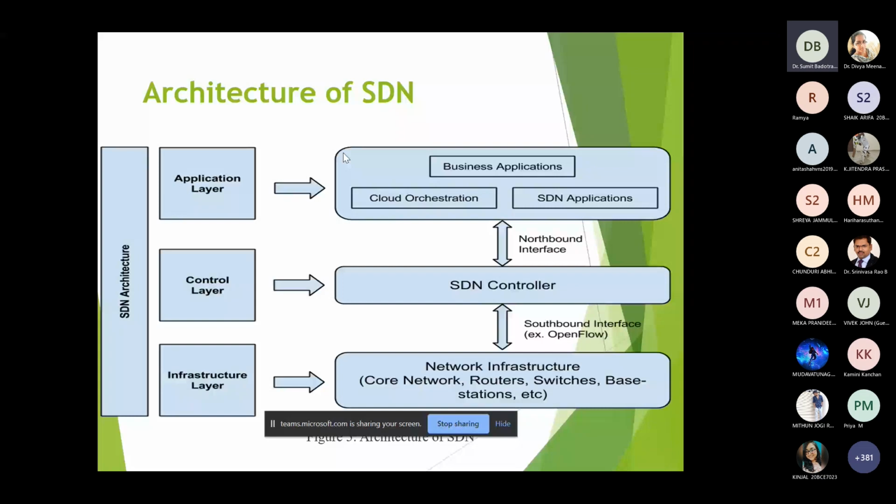So far, I have already told you that SDN is still an emerging technology. The northbound APIs are not yet standardized, but the southbound APIs are standardized. The most common protocol used for the southbound API is the OpenFlow protocol. We'll be discussing this as a case study for the OpenFlow protocol in today's topic as well.